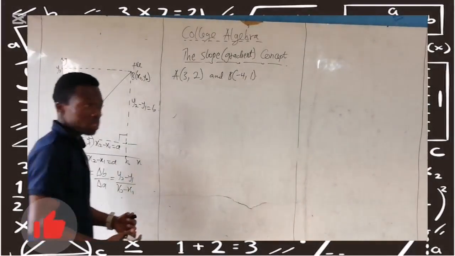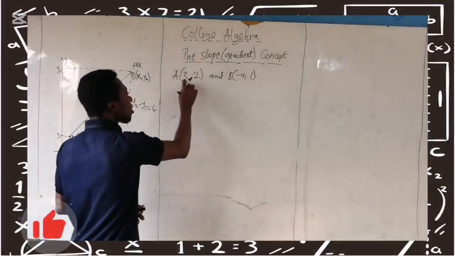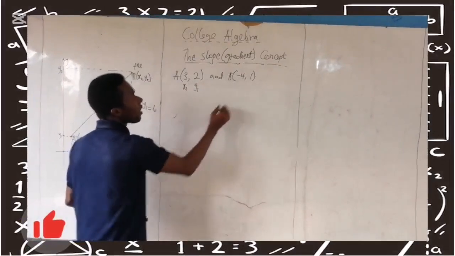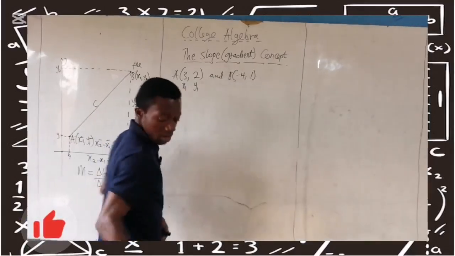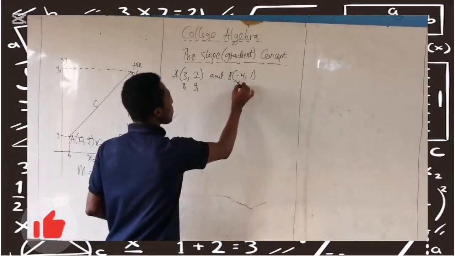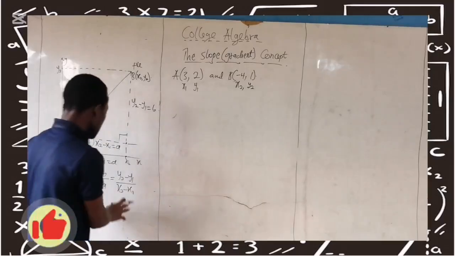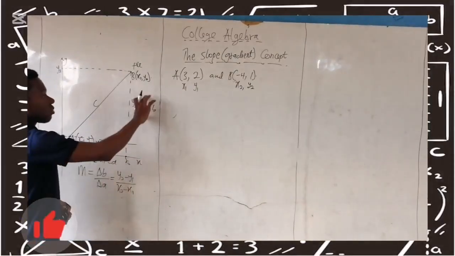All that we need to do is make a representation when given the 2 points. So we can call this X1, this Y1, this X2, and then this Y2.